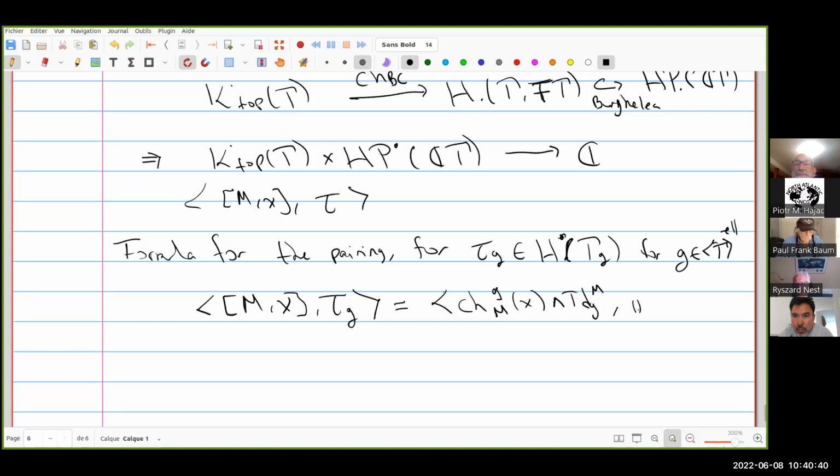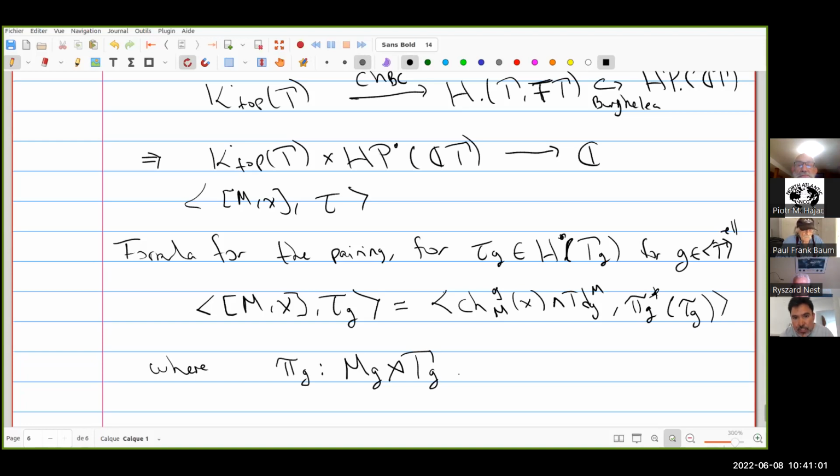And then here I have also a pullback, where I will tell you what it is. Pi of G is in fact a projection. I will state it in terms of groupoids, but a projection.